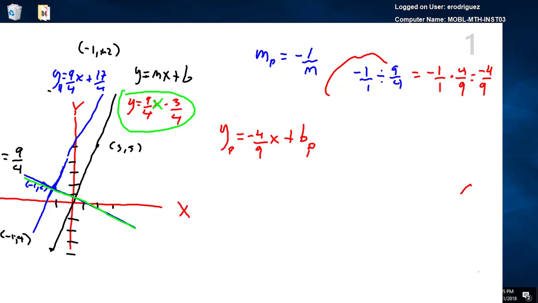I just multiply across, so you see that that's going to be minus 4/9. That's it. So now I have y equals mx plus b, and for the perpendicular line, I already know its slope because it's the negative reciprocal of the original slope. So now I can write that down.